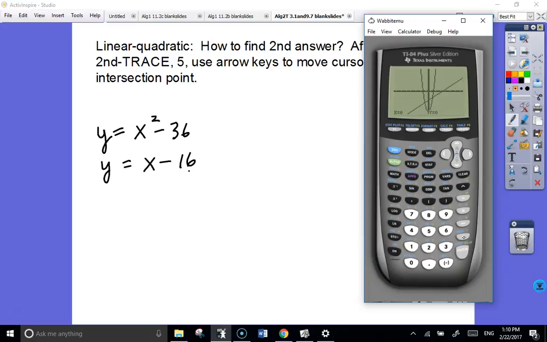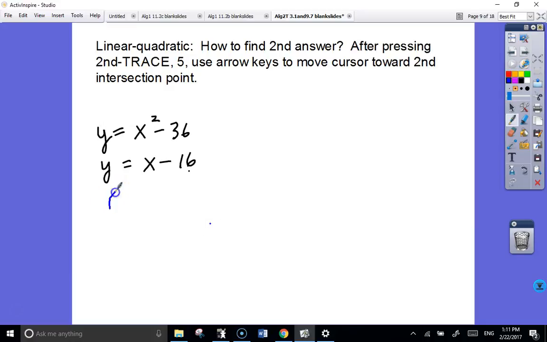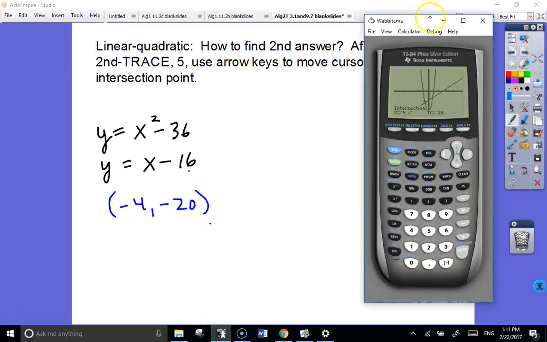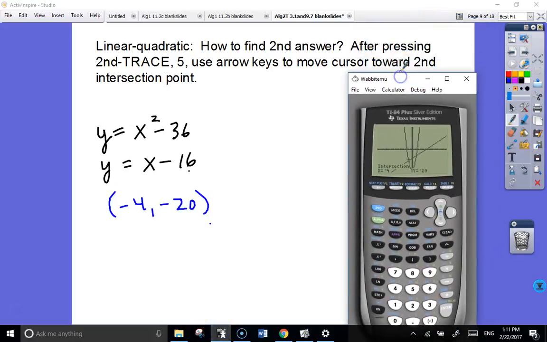So let's find the first point by doing second trace 5, enter, enter, enter. And it looks like it jumped to the point on the left, -4, -20. Right, -4, -20. Now, in order to get the other point, after we hit second trace 5, use the arrow keys to move the cursor closer to the other point.